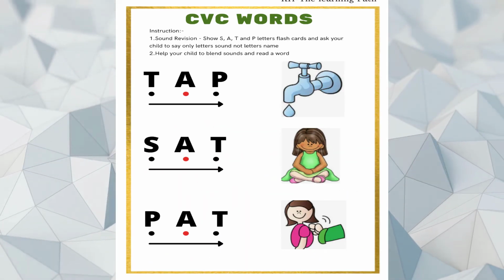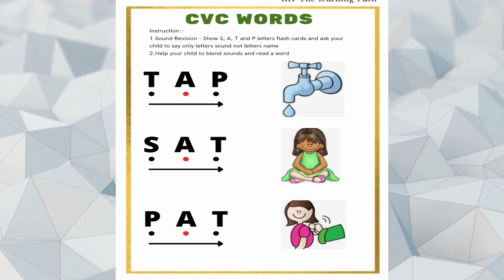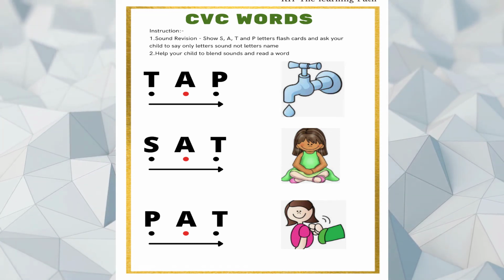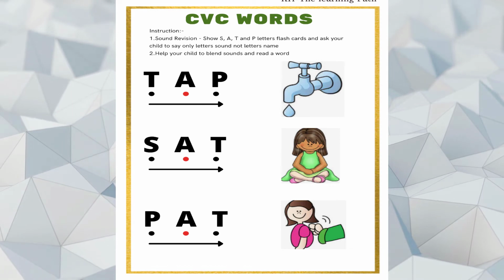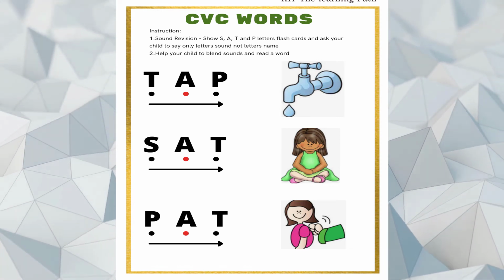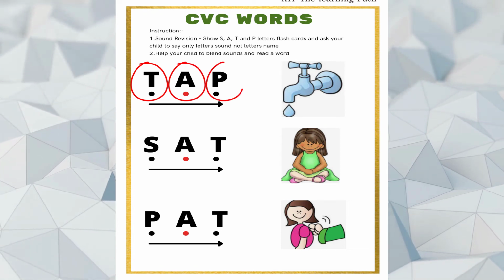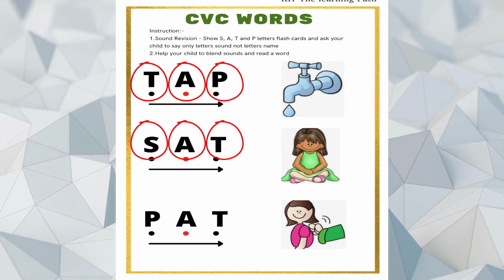This worksheet has simple CVC words along with pictures corresponding to the words. Pictures guide beginners to blend sounds and read the words. So initially choose a worksheet with pictures. Later with more and more practice, kids will start blending sounds and reading without the support of pictures. T, A, P, tap. S, A, T, sat.